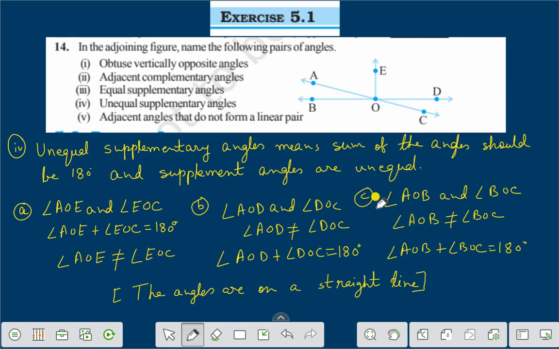And another pair is angle AOB and angle BOC. These are not equal, and angle AOB plus angle BOC is equal to 180 degree because the angles are on a straight line.